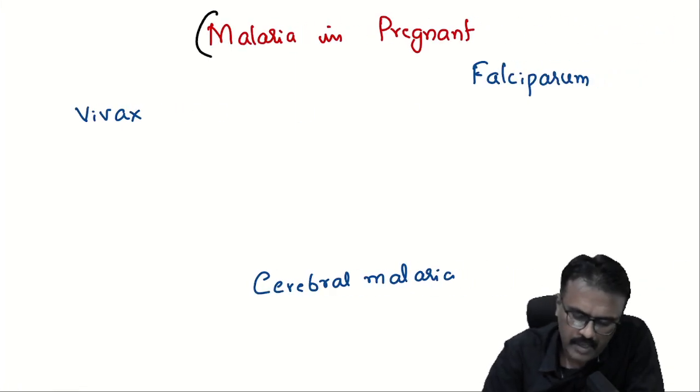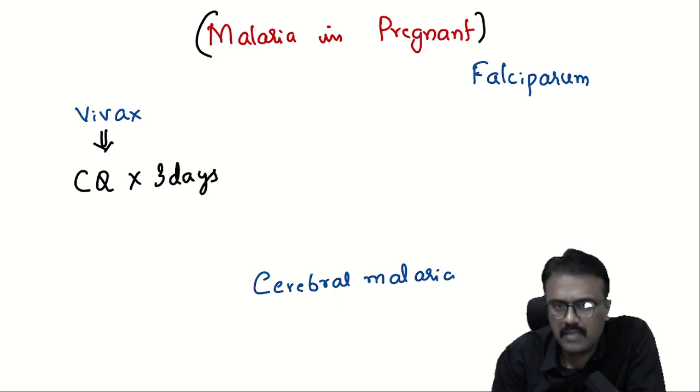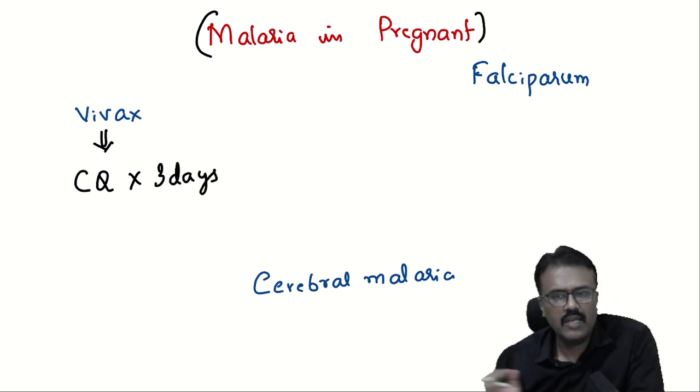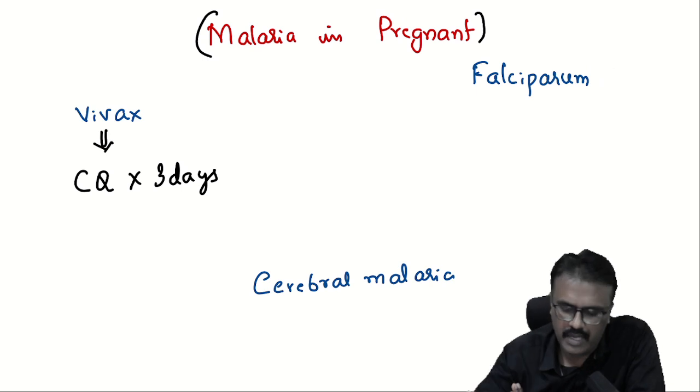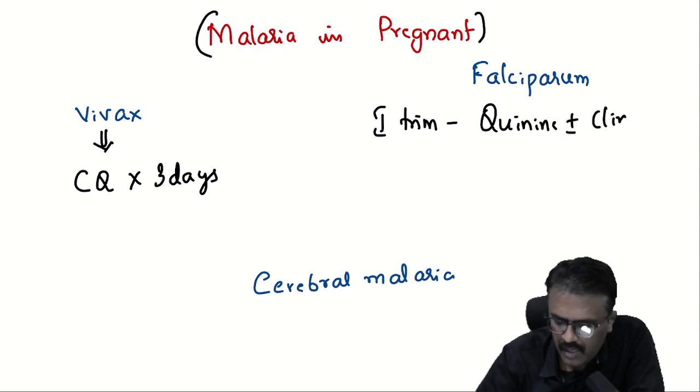Next, malaria in pregnant women is also being tested. For Vivax, I can give chloroquine for 3 days. But I don't give primaquine in pregnancy because it can cause hemolysis in the baby. So I don't want to give it. Falciparum, if it is first trimester, I can give quinine plus or minus clindamycin.